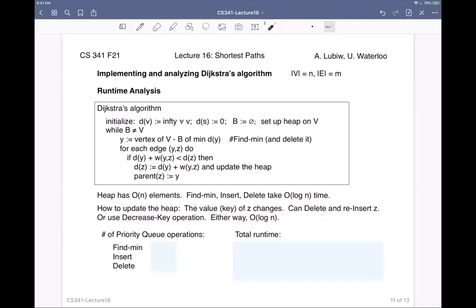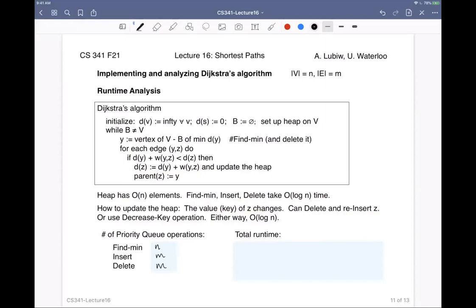So the runtime that I'm getting then, I have my n-1 find operations because I'm adding vertices one by one. I guess actually in this case I have n because the very first find finds the vertex s. And then every edge causes me to do possibly one insert and delete or one decrease key operation.